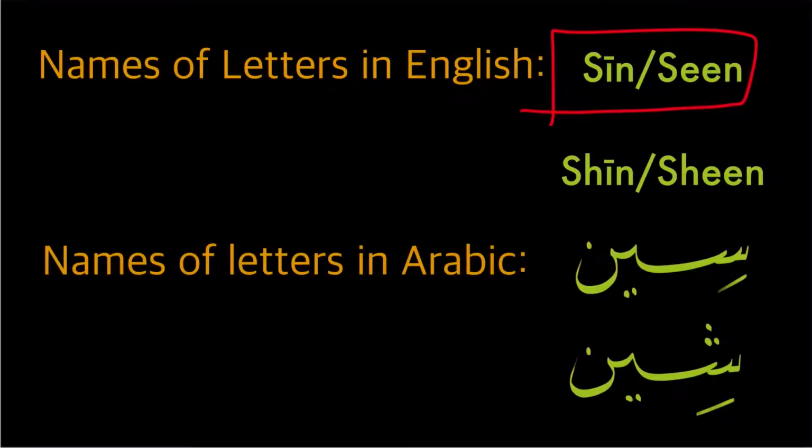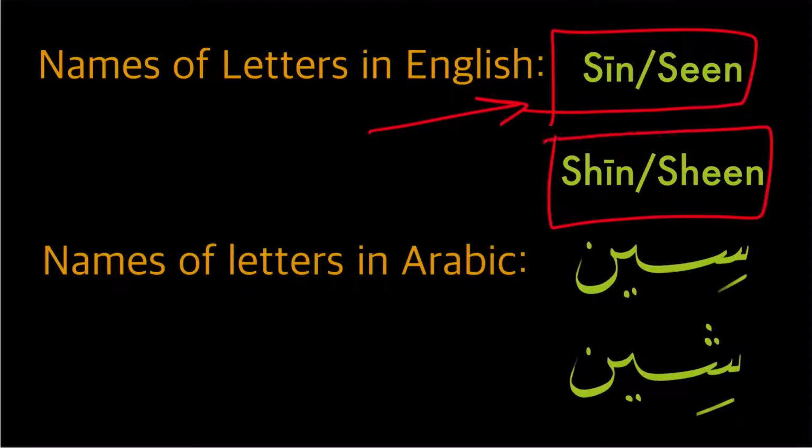These are two ways you could write the full name of the Sīn letter in English, but you could write it in a way that's more convenient to you. And these are two ways we could write the full name for the Shīn or Sha letter.